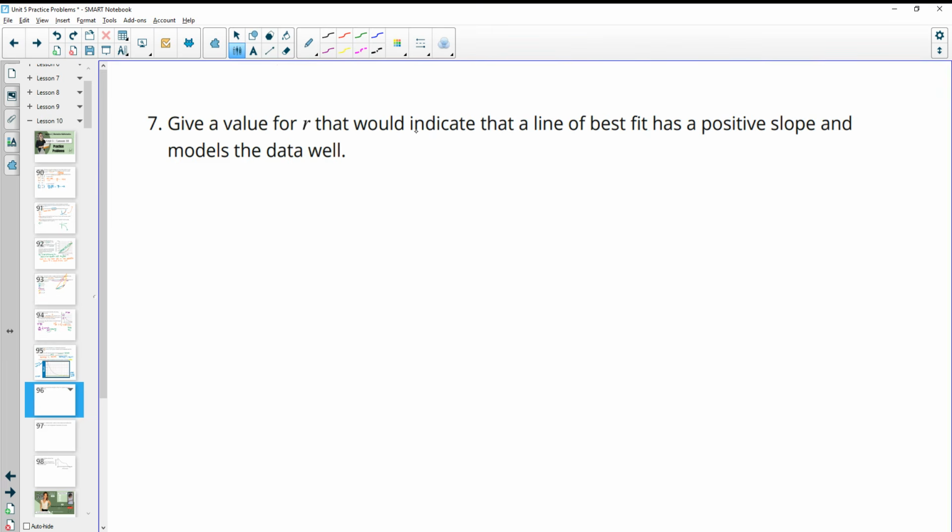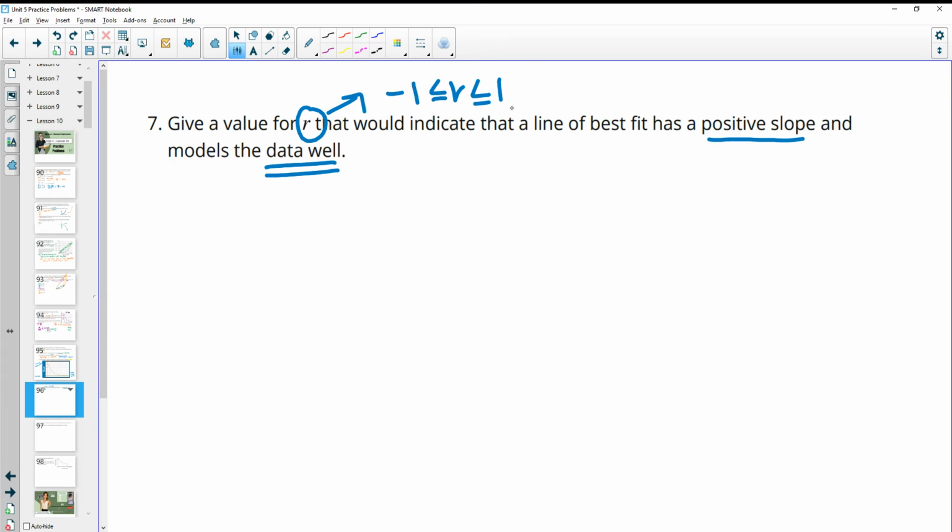Number 7, give an R value that would indicate a line of best fit has a positive slope and models the data well. So remember, R values can be anywhere from -1 up to 1. And the closer they are to -1 or 1 is the better that they model the data.